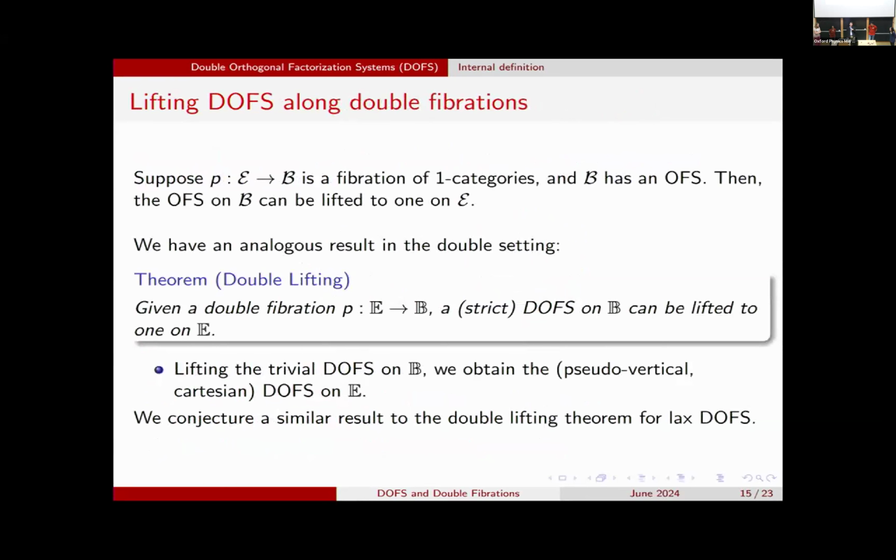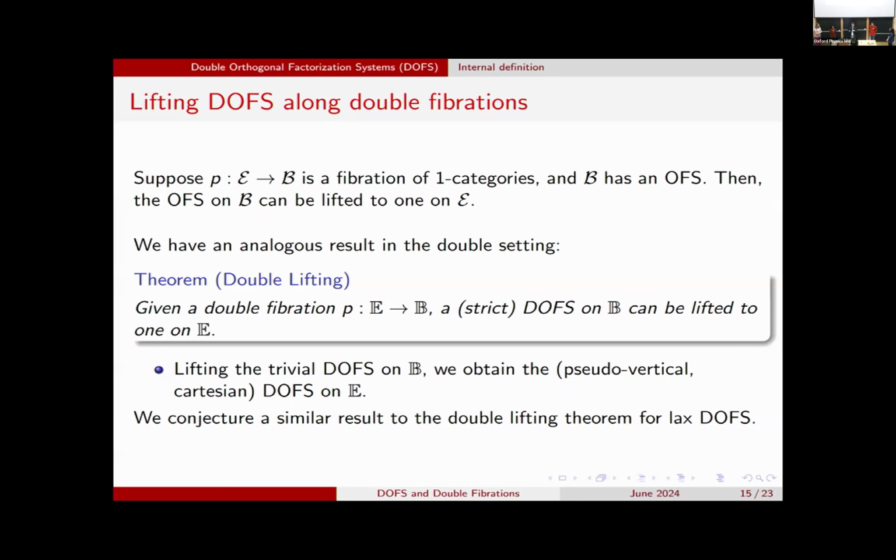In the world of just regular fibrations, if we are given a fibration of categories where the codomain admits an orthogonal factorization system, we can lift this orthogonal factorization system to one on the domain. This is a fairly well-known result, and it generalizes nicely to our notion of double orthogonal factorization systems. Given a double fibration and a strict orthogonal factorization system on the codomain, we can lift this to one on the domain.